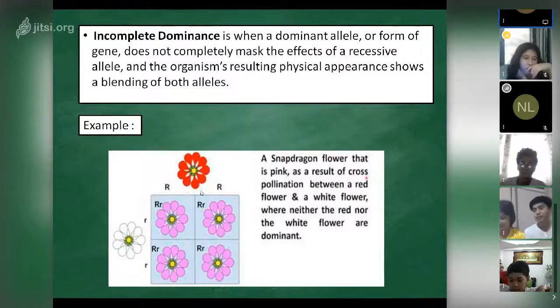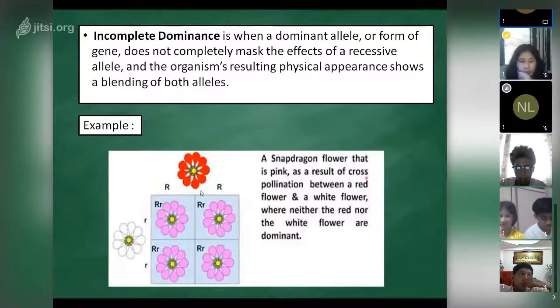Now if this red and white undergo cross-pollination, the result would be four pink. There are 4 pink color. This is what we call a Punnett square.